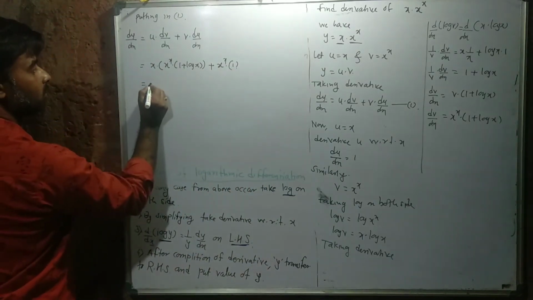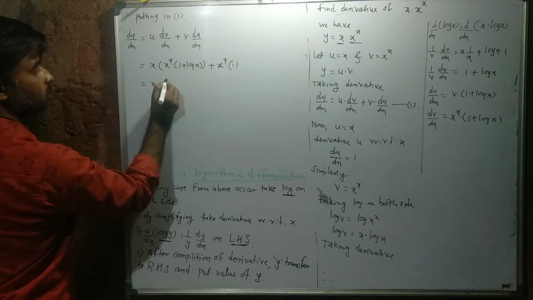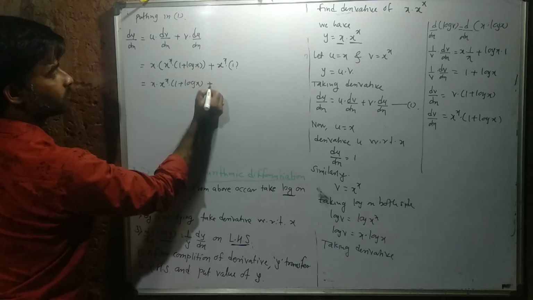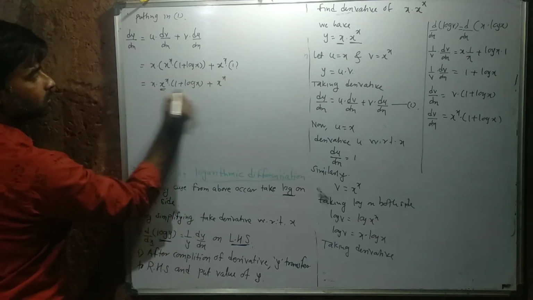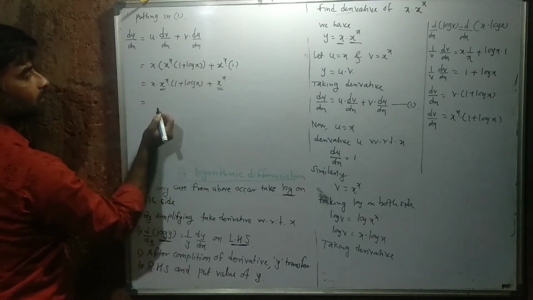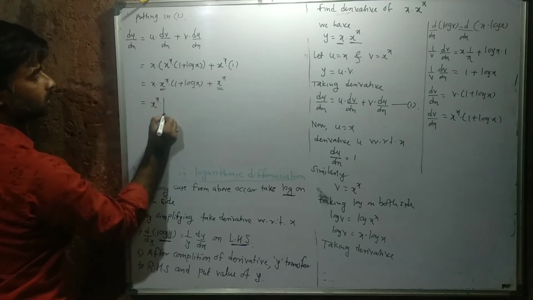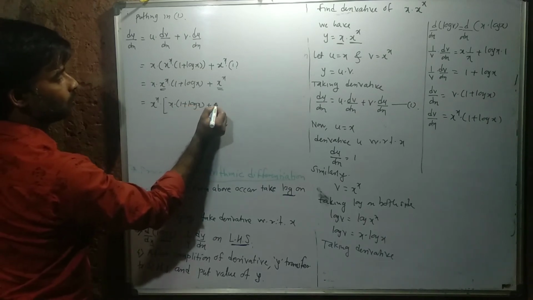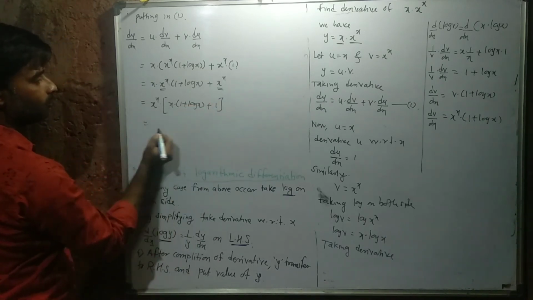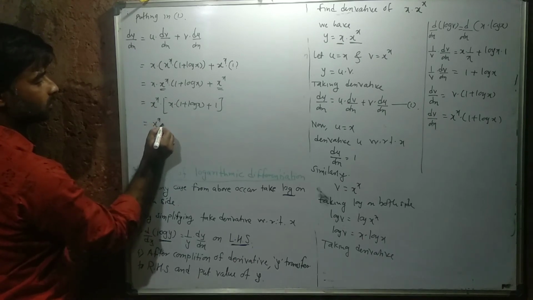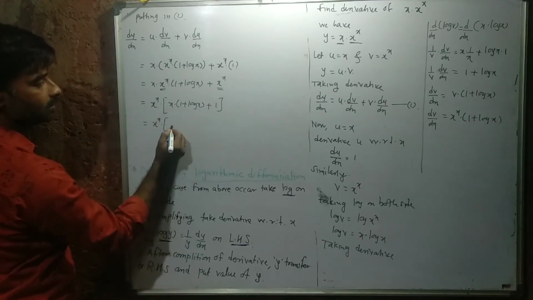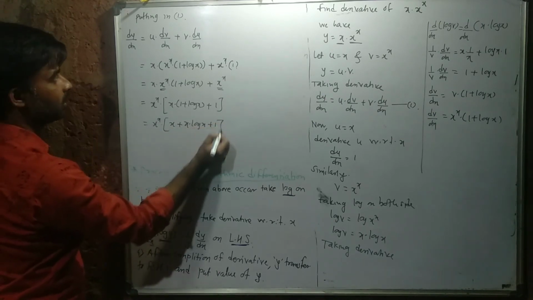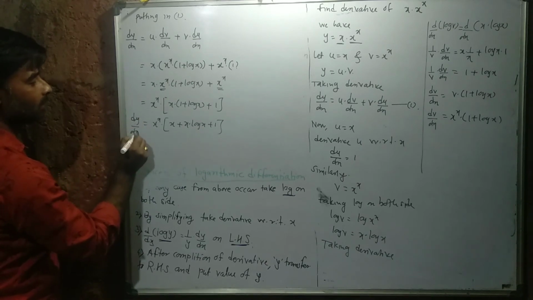Therefore here you will get x into x raised to x into 1 plus log x plus x raised to x. Now x raised to x is taken common, and you will get x raised to x inside the bracket x into 1 plus log x plus 1. And multiplying x inside the bracket, x plus x into log x plus 1 is here, and you will get the final result for dy by dx.